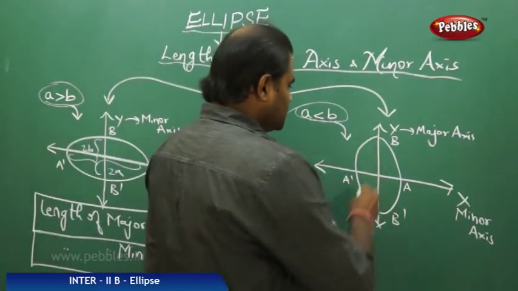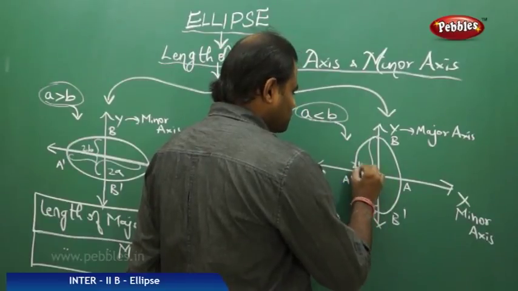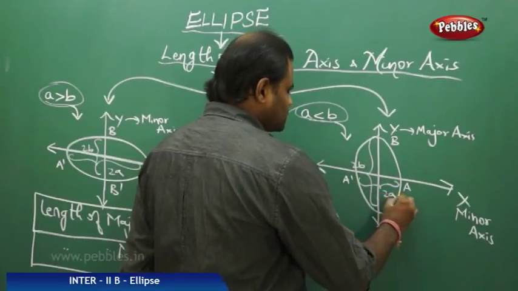But as I see here, my major axis is B B dash, so my major axis is 2b and my minor axis is 2a.